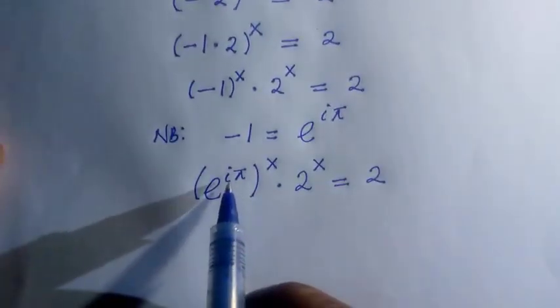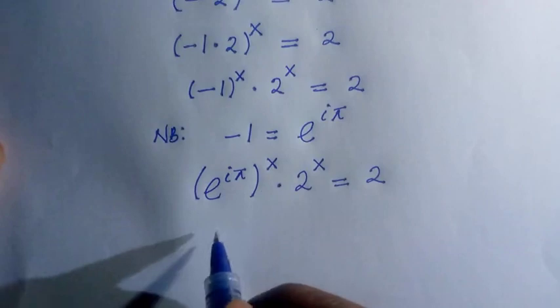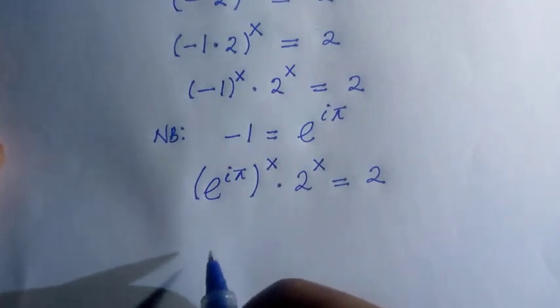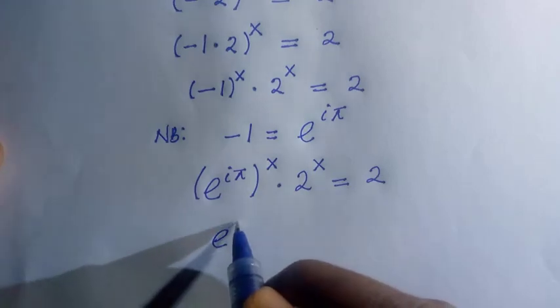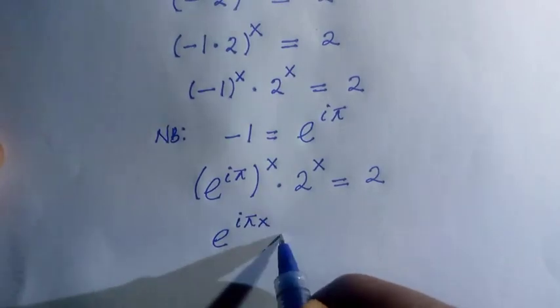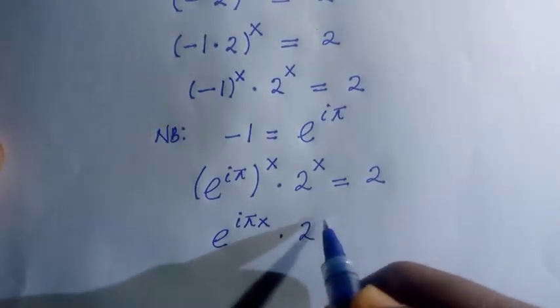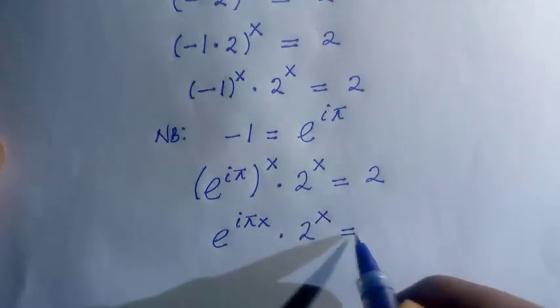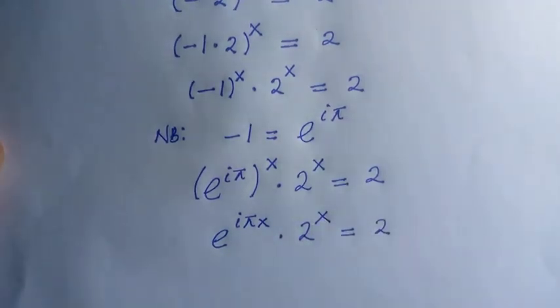So we have to multiply i pi and x together according to the rule of indices. So we have e to the power of i pi x multiplied by 2 to the power of x equals 2.